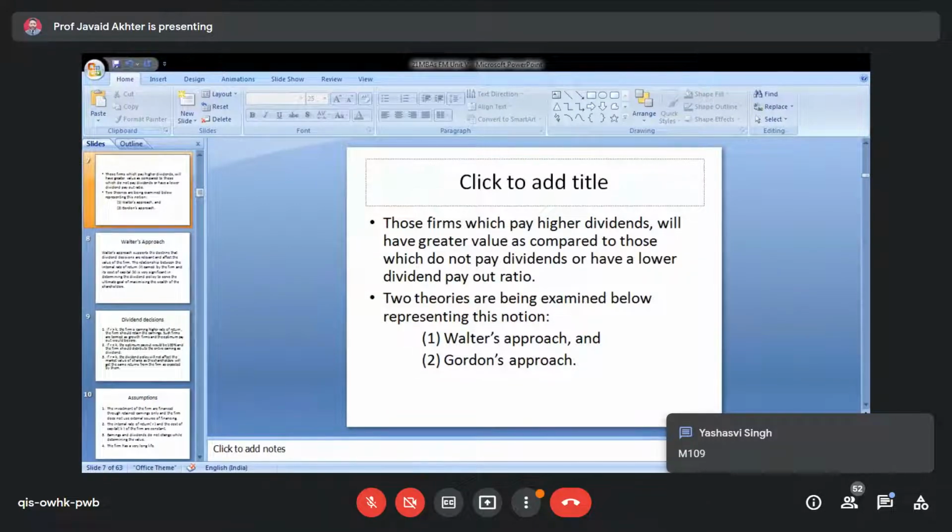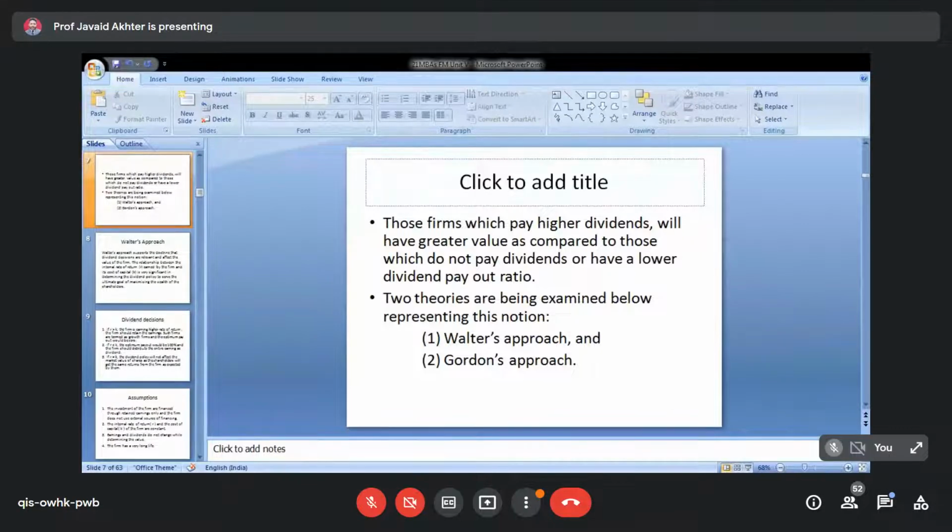Irrelevance theories mean it has nothing to do with the valuation of a company. You pay, you don't pay, you pay less, you pay more, it doesn't matter. And dividend relevance theory says a payment of a dividend definitely affects the valuation of a company. Paying more or less definitely affects it.